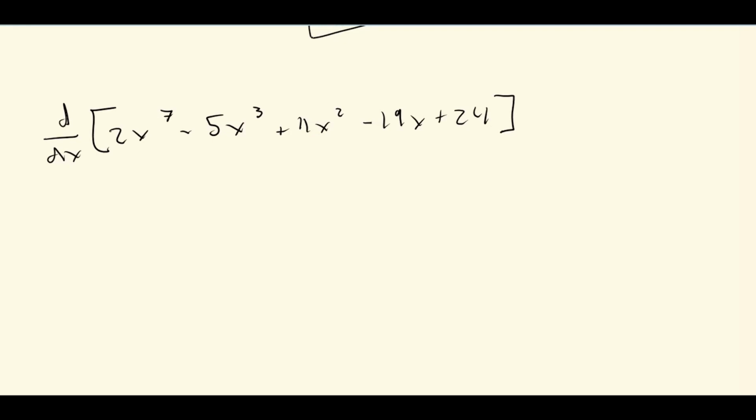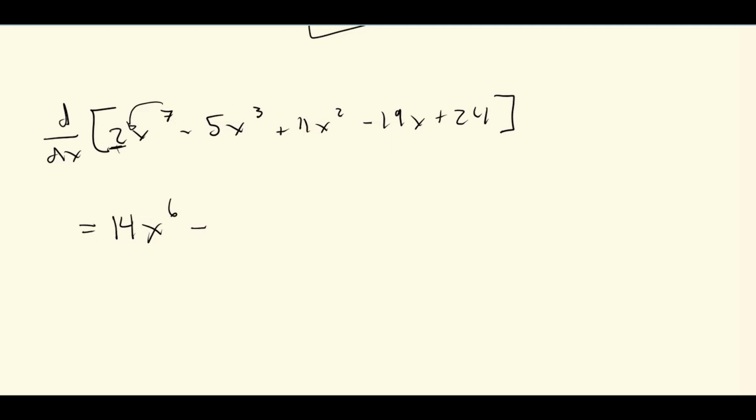So using the rule we just used up here, the derivative is going to equal the derivative of each individual term. So the first one, we have 2x to the 7th. We're going to bring this power down. We're going to keep this existing coefficient. So we're going to get 2 times 7, so that's going to be 14, x to the 7 minus 1, so 6.